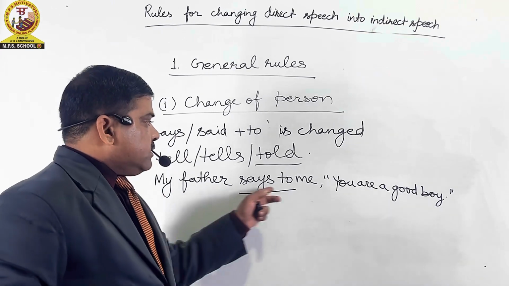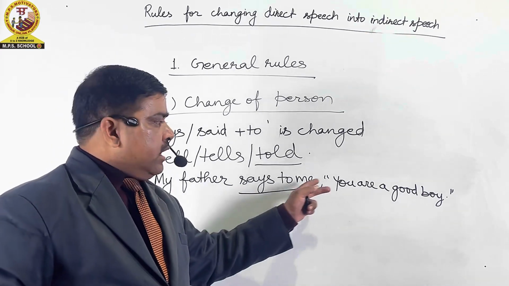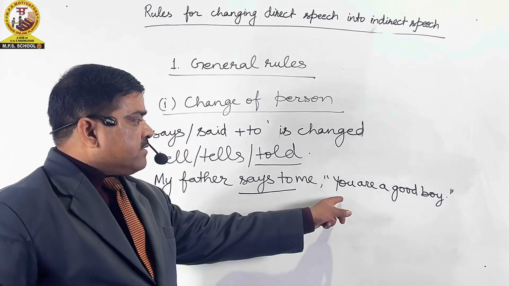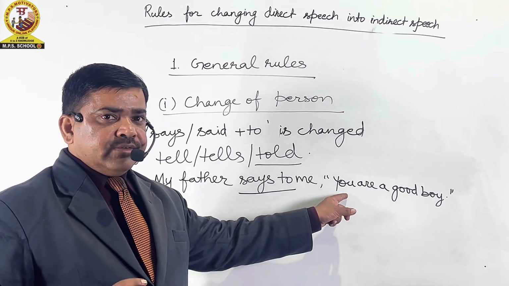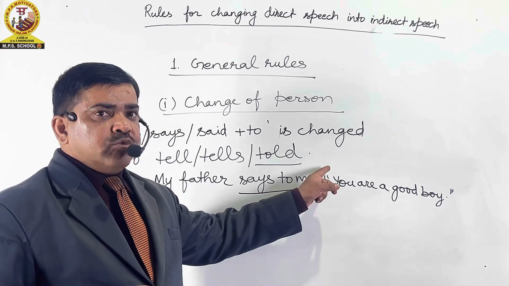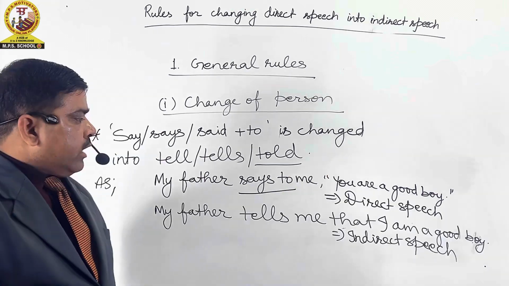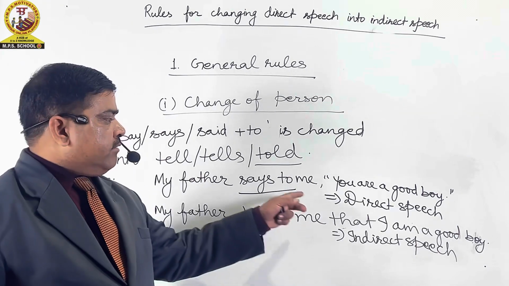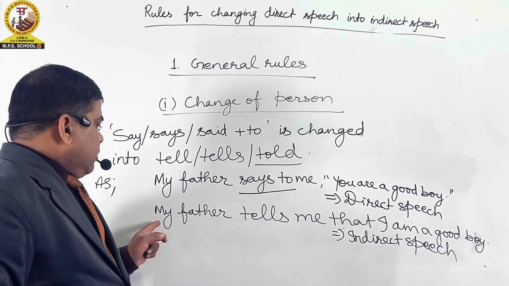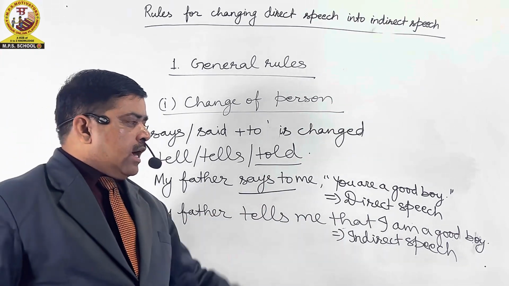So in case of an assertive sentence between inverted commas, we use that by removing the inverted commas. As the indirect speech of the above example: my father tells me that I am a good boy.